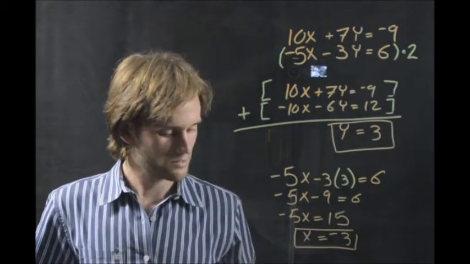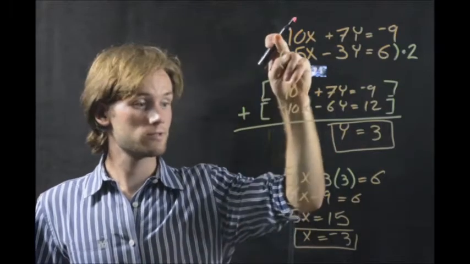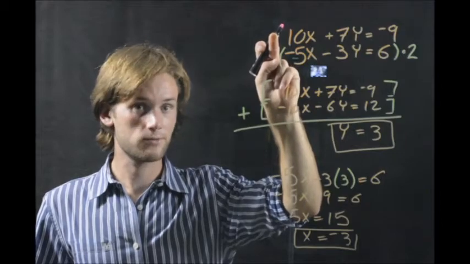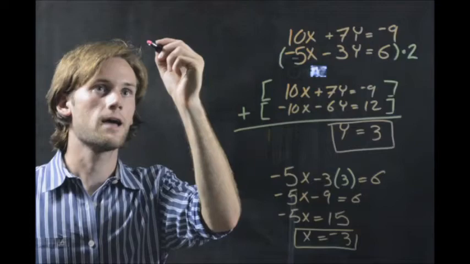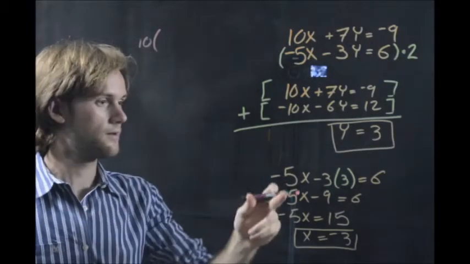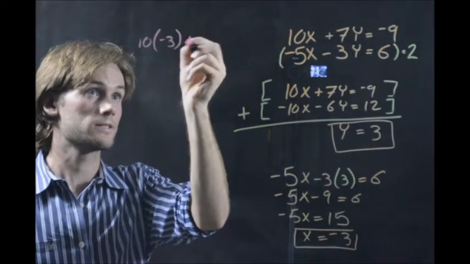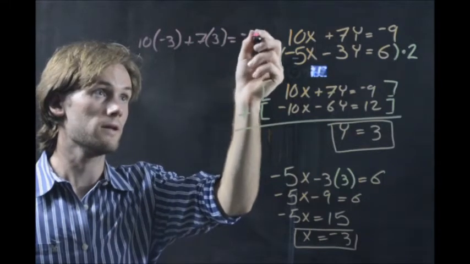Now, same as before, let's check our answer. I'll do that in pink again. Already used the bottom equation, so we'll plug them both into this top equation, see if we get the same thing. Okay, so we have 10 times negative 3 plus 7 times 3 equals negative 9.